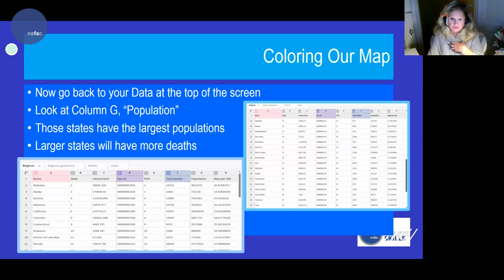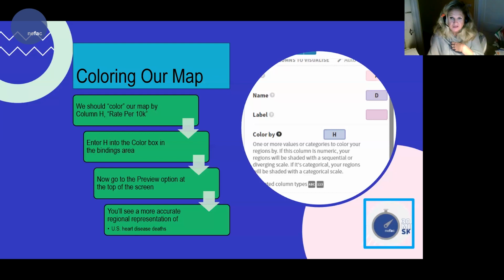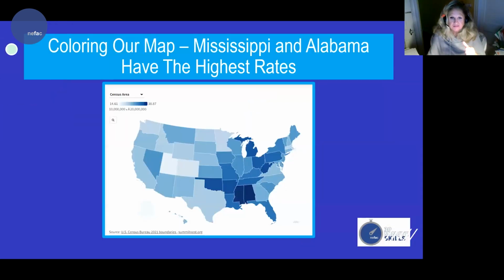We want to actually be visualizing by a different column, which is column H. So go back to data and go ahead and change color by to column H. And now if you go to the preview, number one, it automatically saves your work as you do it, and it automatically generates a visualization, which we can look at under the preview option.